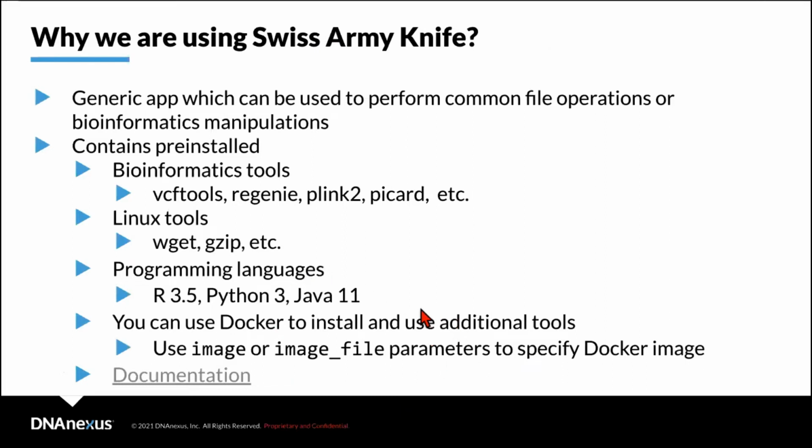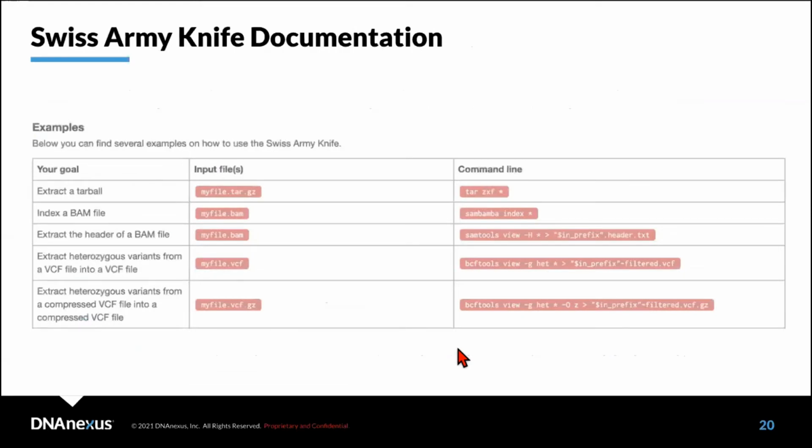And what is very important is that in case the tools are not installed there, you can also use Docker, either with an image, where you just link the image from Docker Hub, or with a Docker image file in your project. Also, Swiss Army Knife has very rich documentation that shows you some examples of how you can use different bioinformatics tools with files. There are a lot of nice examples, and I really advise you to go through the documentation before you start with Swiss Army Knife.